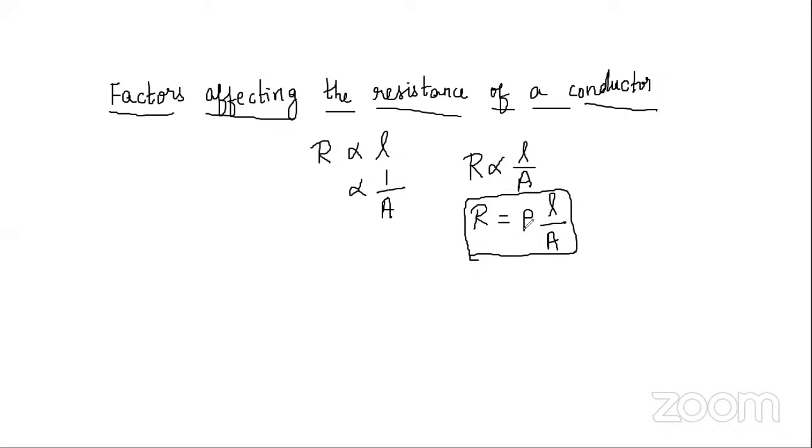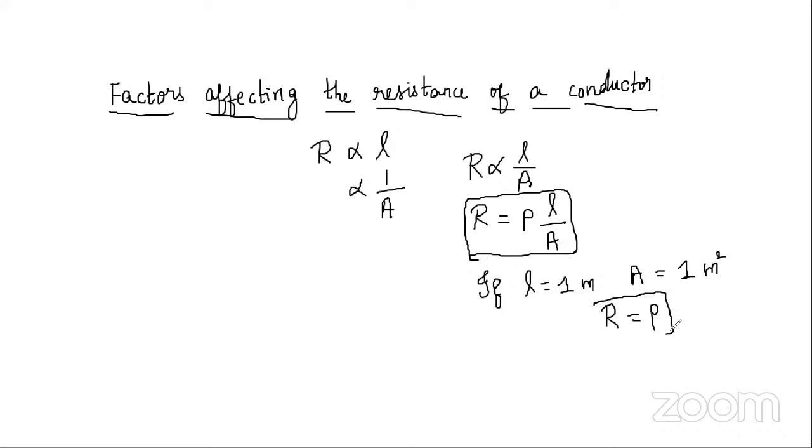The resistivity of a conductor is numerically equal to the resistance when the conductor is of length 1 meter and area of cross section 1 meter square. So here you can define the resistivity from this equation itself. If the length of the conductor is 1 meter and the area of cross section is 1 meter square, in that case R equals rho.